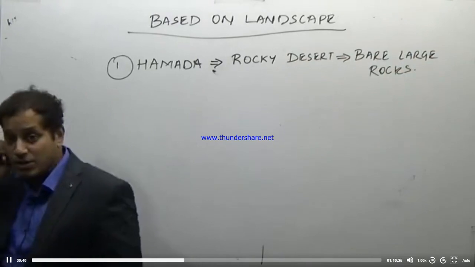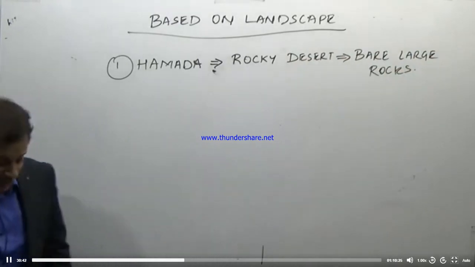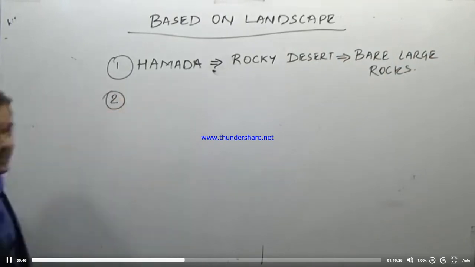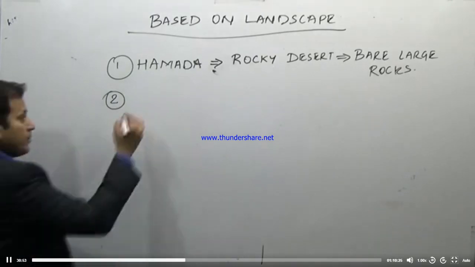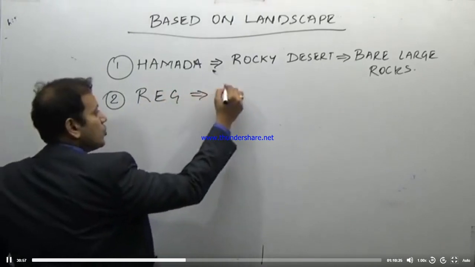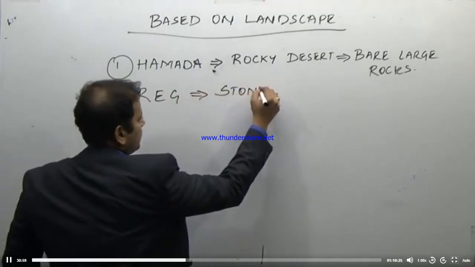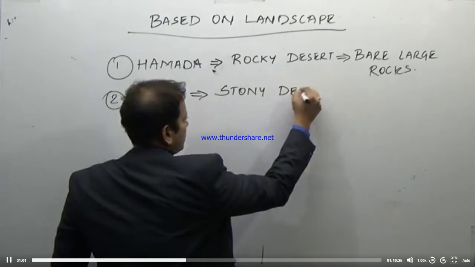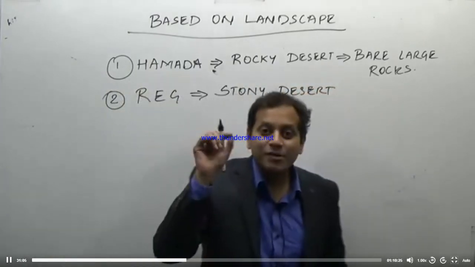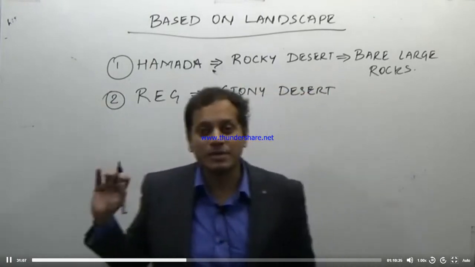The second one is a stony desert, and it is known as the reg or stony desert. Instead of rocks here, there will be small stones, pebbles will be there.